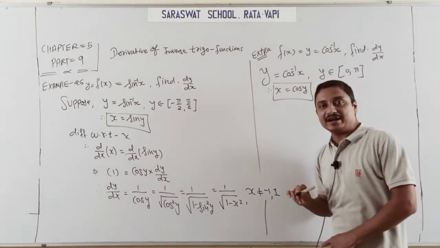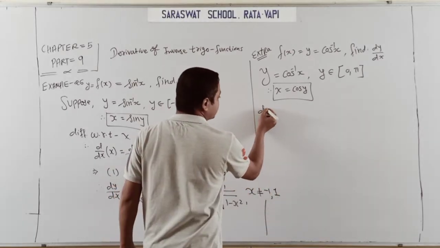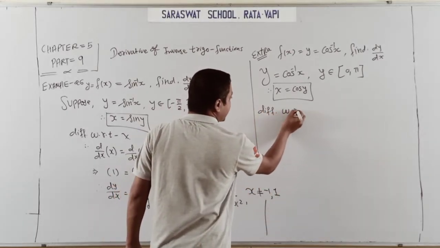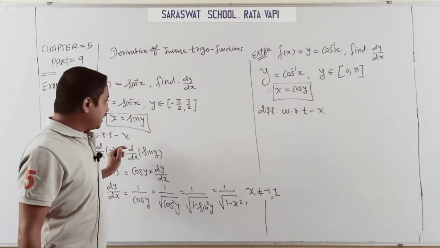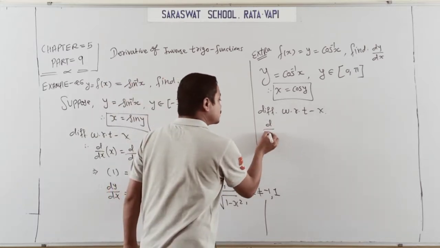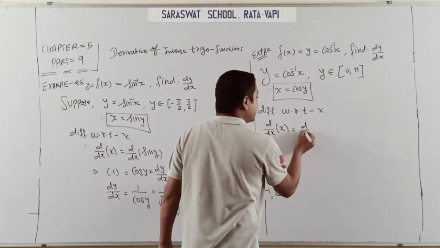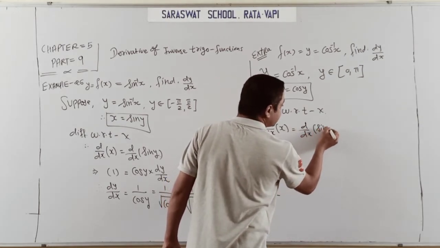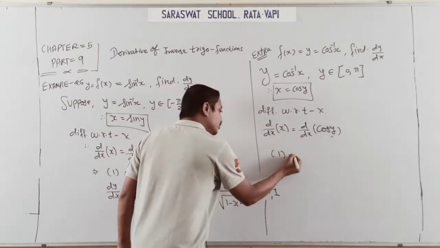Now students, I start the derivative with respect to x. So differentiation with respect to only x. This numerical and that one are totally the same. So d by dx of x is equal to d by dx of cos y. Now this derivative is 1.